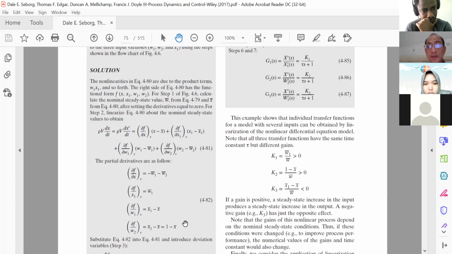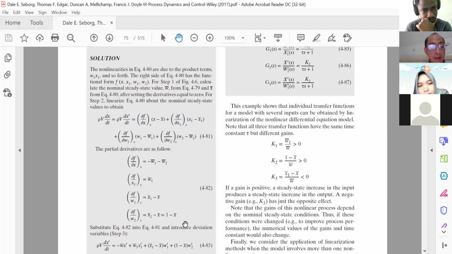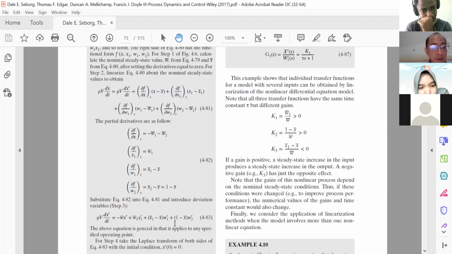Any questions? No? Okay. And therefore, from the non-linear equation, you will have a linear equation now. Now you are ready to Laplace transform this equation, because now this equation is linear.